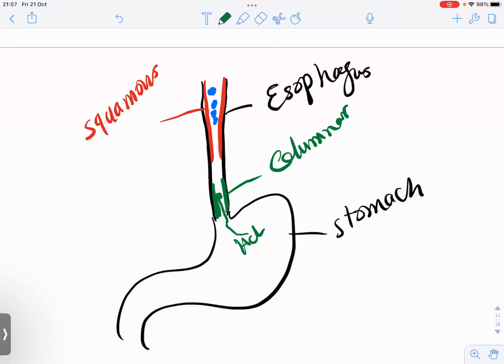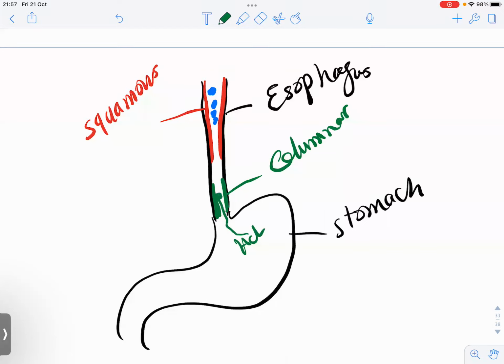Why? Because columnar is secretory. So if some HCl goes to the esophagus in this part, the columnar epithelium can secrete bicarbonate, which can neutralize HCl, and also mucin, which is alkali, can neutralize the HCl.